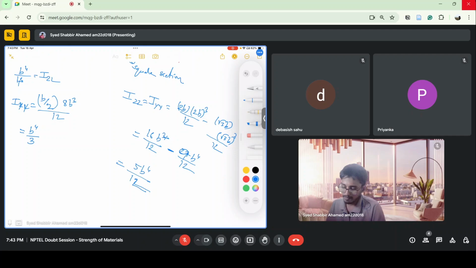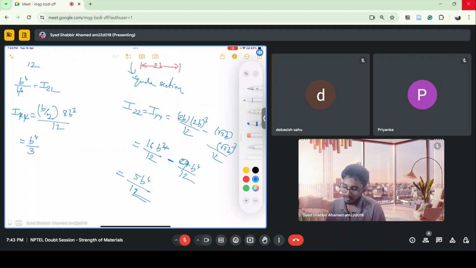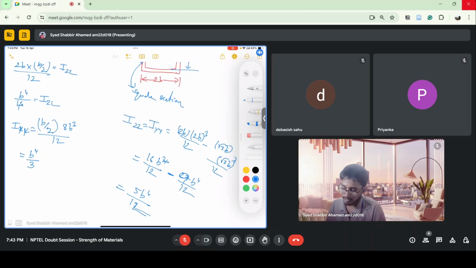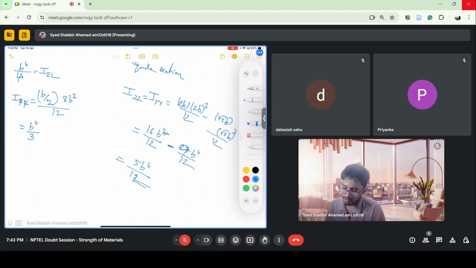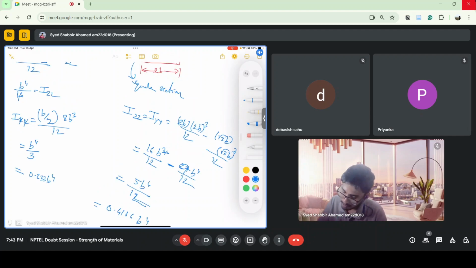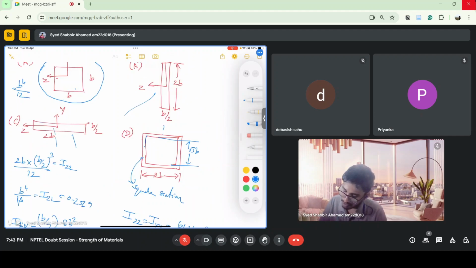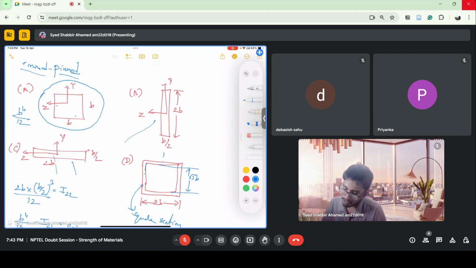So this is obviously greater than everything else here. 5 by 12 is 0.4166 B power 4, and 1 by 3 is 0.33 B power 4, and 1 by 4 is 0.25 B power 4, and this is 1 by 12, lesser than this.